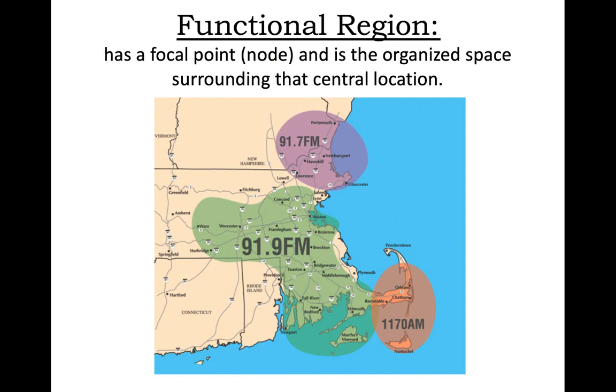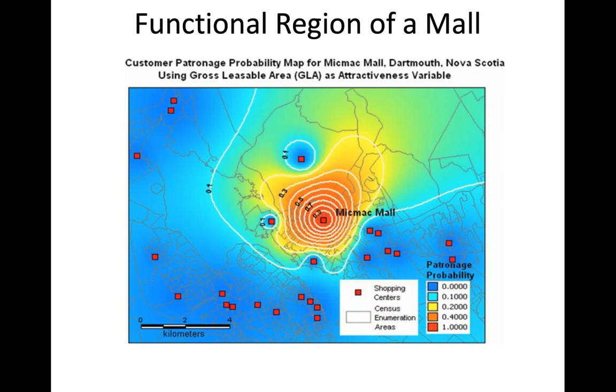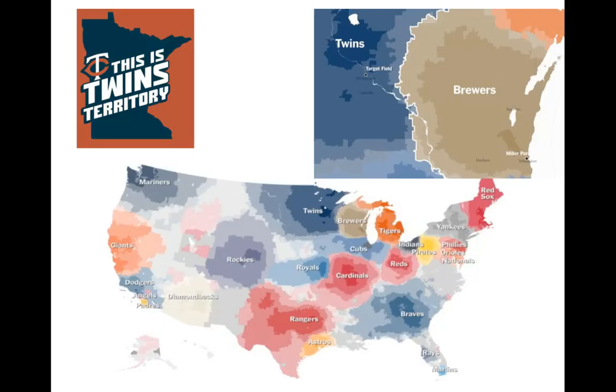Again, just an example of radio stations and what their regions are on the East Coast. So you notice that they have functional regions, so they're all centered around an area. These are all examples of functional region maps.